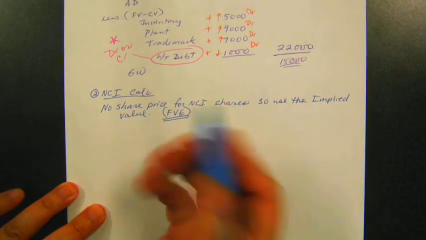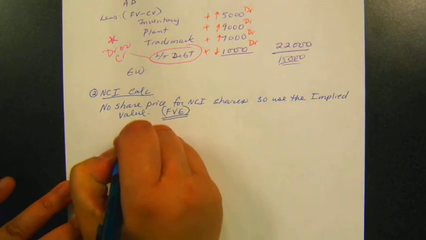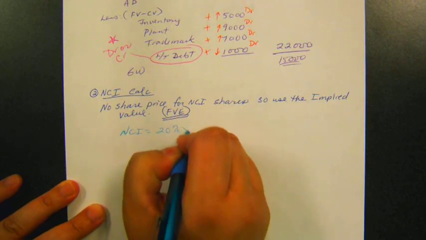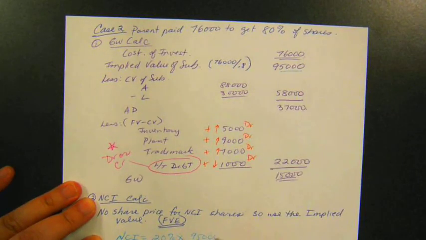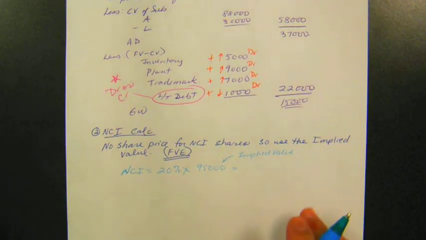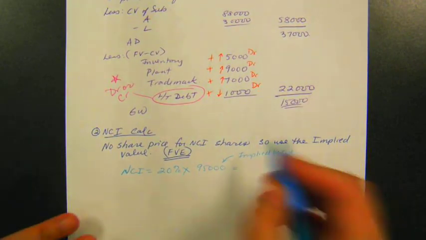Okay, so NCI equals, what's the percentage? 20% times the implied value, which equals 19,000.